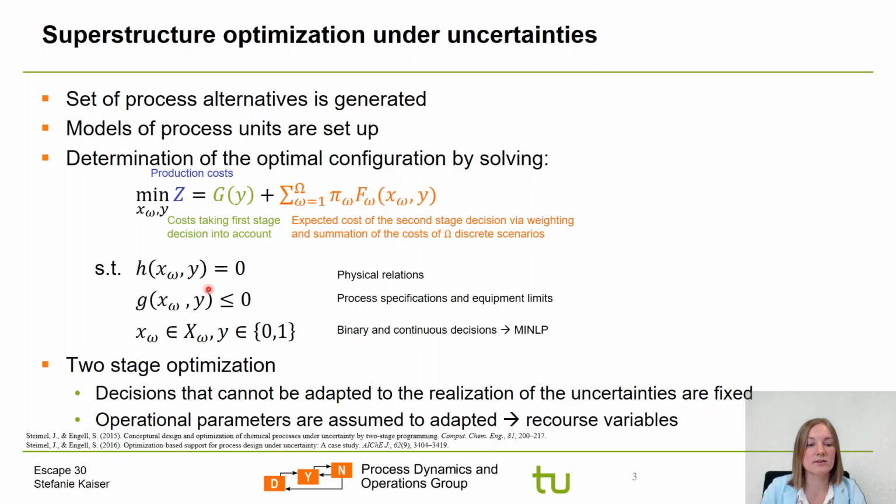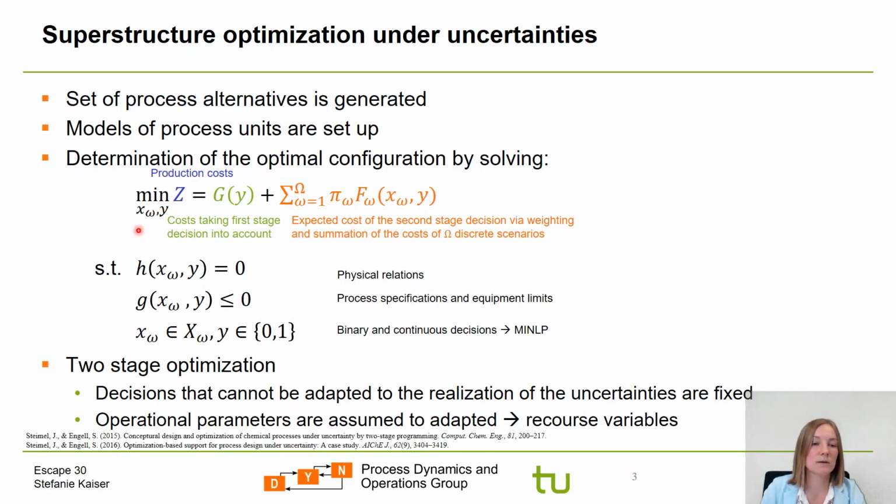And in the second stage, operational parameters are optimized that are assumed to be adapted. So they are used as recourse variables. And we use a discrete number of scenarios, which is called capital omega here. We compute and optimize the costs for each scenario and then take the expected costs of the weighted scenarios in the objective function.